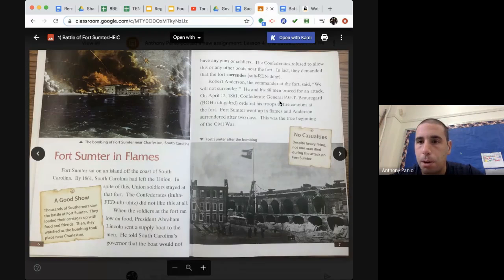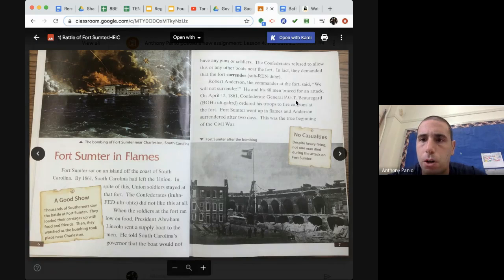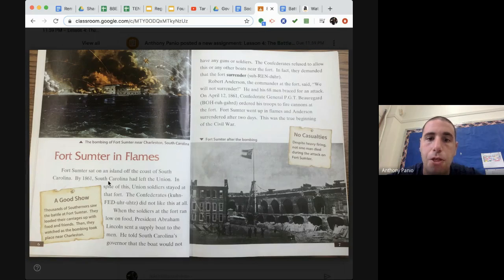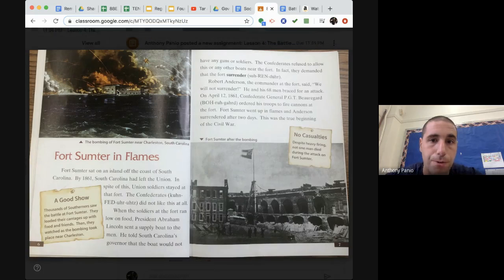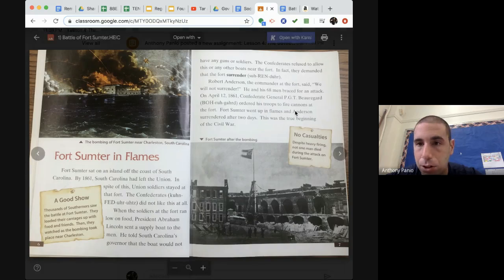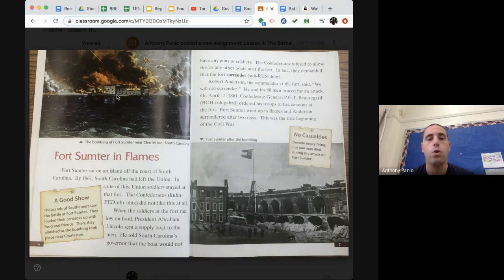So what I'm going to do is read this last part again. Confederate General P.J.T. Beauregard ordered his troops to fire cannons at the fort. Here's a picture of the fort. You see that it's in flames. The Union owned this fort. So if their fort goes up in flames, and Anderson, who was the commander of the Union fort, surrendered, who wins the battle?